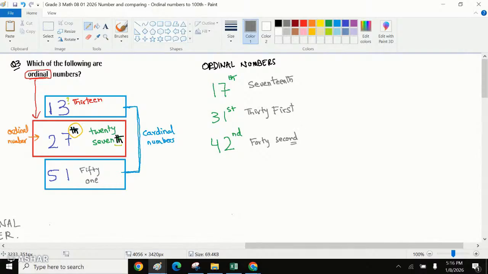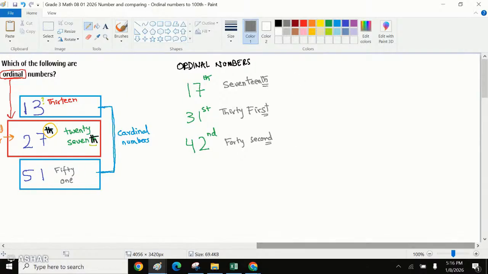Ending with a th, ending with an st, ending with an nd. But we want to see what is the difference between ordinal numbers and cardinal numbers. So if we take these same numbers as cardinal numbers, let's see when these same numbers become cardinal.